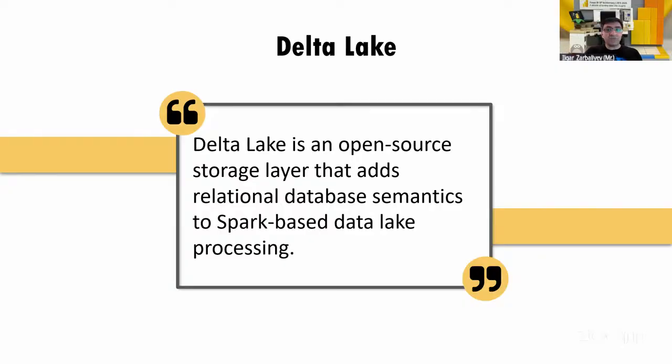Let's begin with the definition because everything else follows from it. Delta Lake is an open source storage layer for Spark that adds relational database semantics on top of data lake processing. That single sentence is doing a lot of work. So let's unpack it. A data lake on its own is just files in folders.